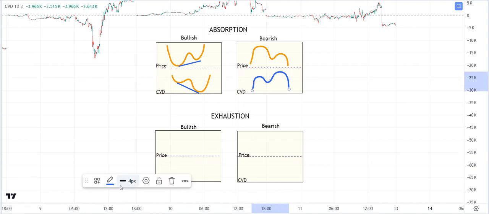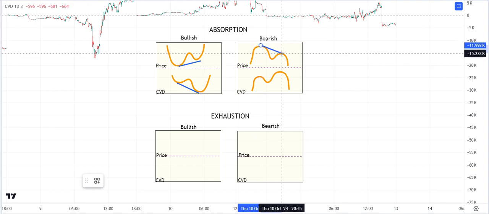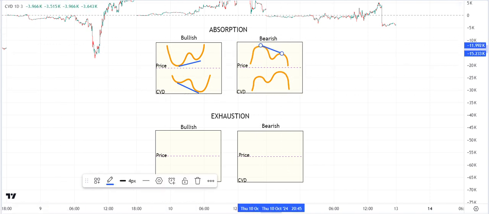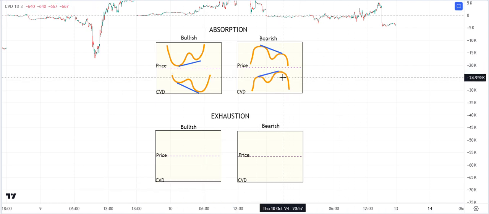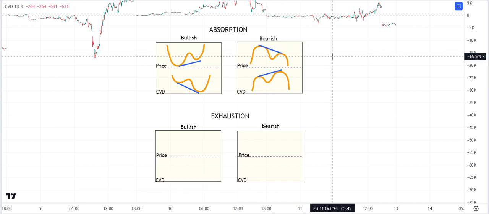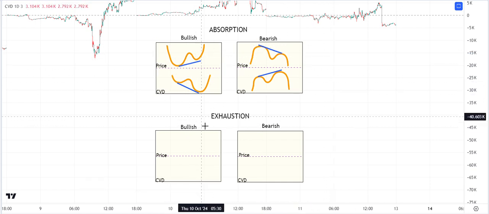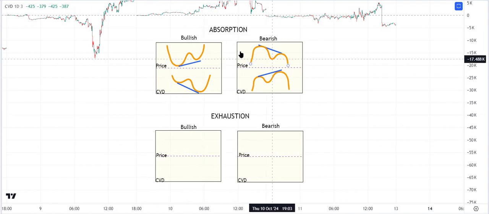Oh, this one had to keep that orange color. Okay, and then here it would be making lower highs on price and higher highs on the CVD. And you're looking at these exact same points or areas. So that's absorption.